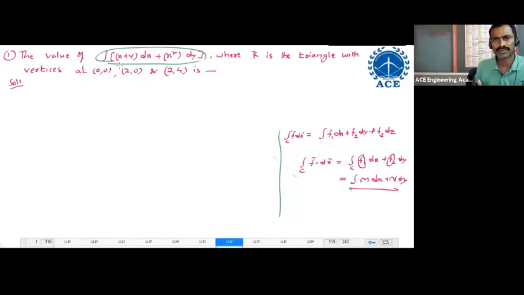Here R is a triangular region. Because a triangular region has a closed boundary, we evaluate this integral by converting line to double integral using Green's theorem.